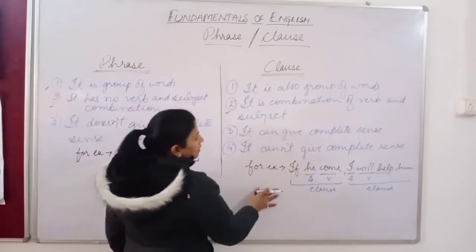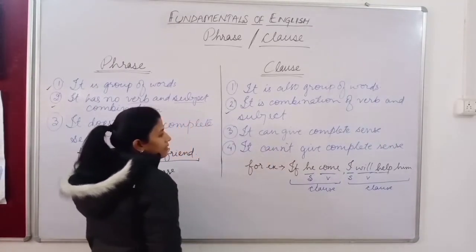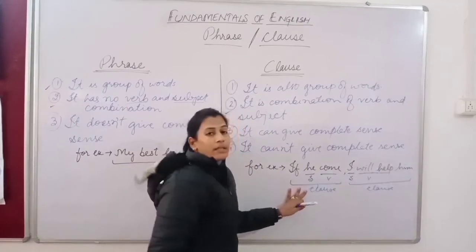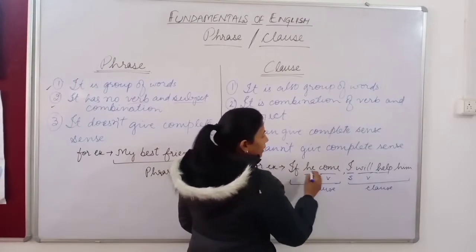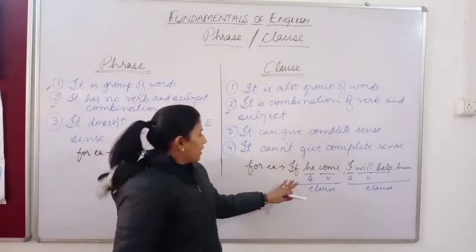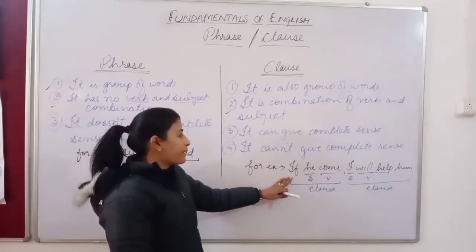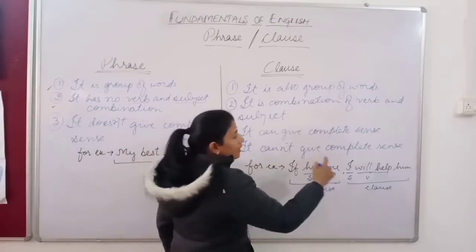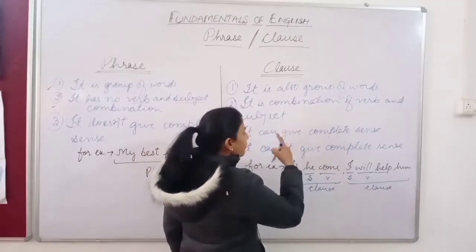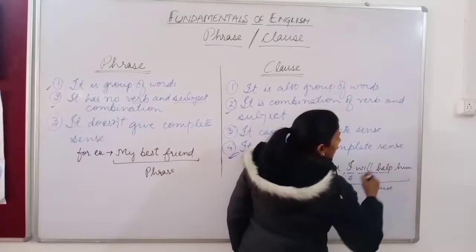Second, it gives complete sense. Here there are two clauses. First, if he comes, can't give complete sense, which we mentioned in our fourth point, but the next clause can give complete sense: I will help him.